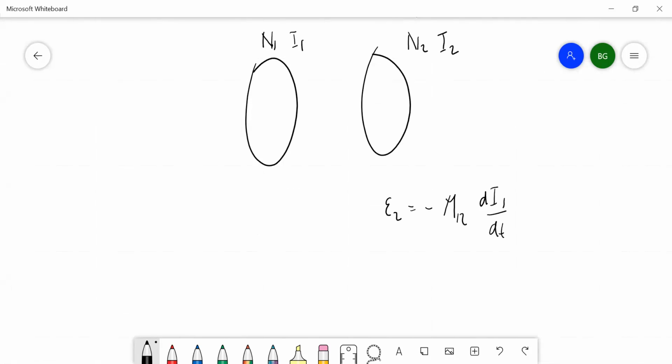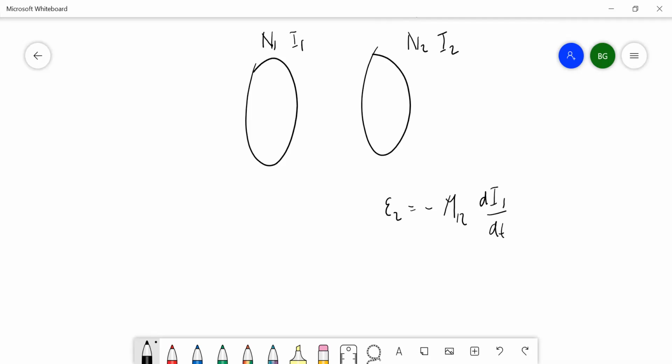Okay, so we get the induced epsilon 2. This is at the coil 2, yeah. This induced electric voltage, EMF, epsilon 2, is caused by the change of I1 with respect to the time, okay?